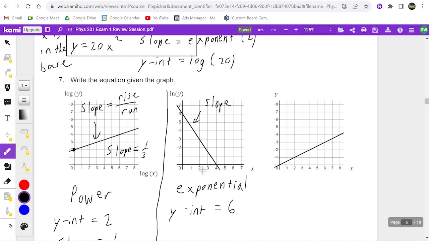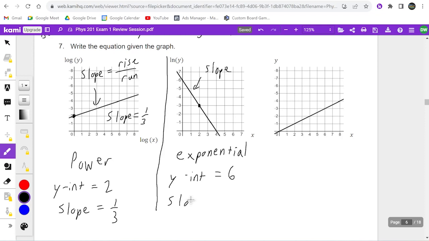What's the rise over the run? We're going down 1, 2, 3, to the right 2. That's the next actual coordinate point. Down 3, right 2. Down 3, right 2 is negative 3 over 2. So it's a negative slope. That makes sense.